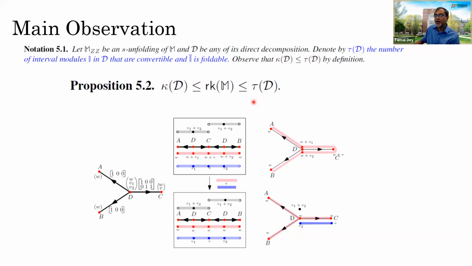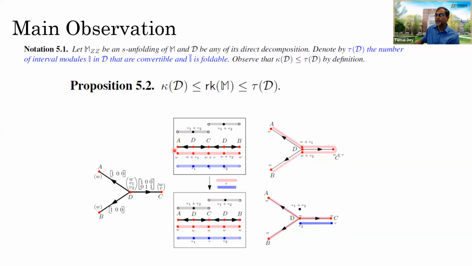What the algorithm does is go on increasing the number kappa D until it becomes exactly equal to tau D. Once that happens, I know that number has to be exactly equal to the rank of the original module because of this relation. And this is exactly what is happening here.